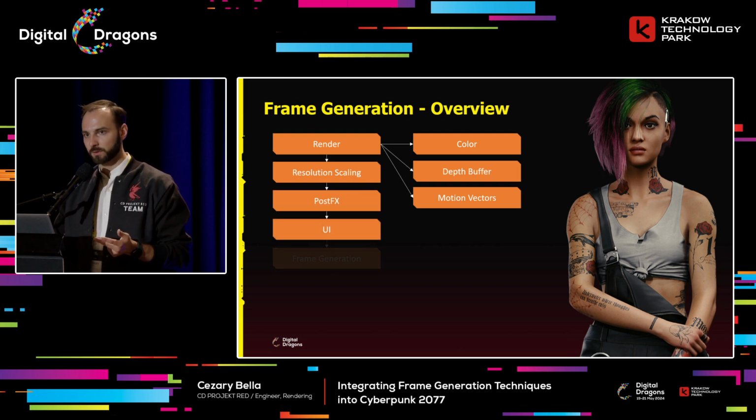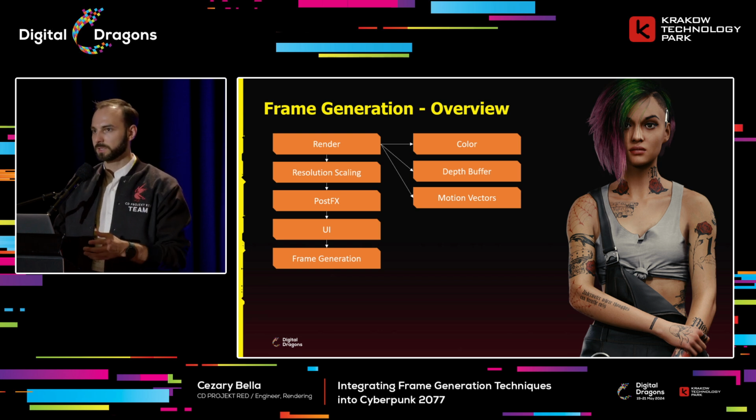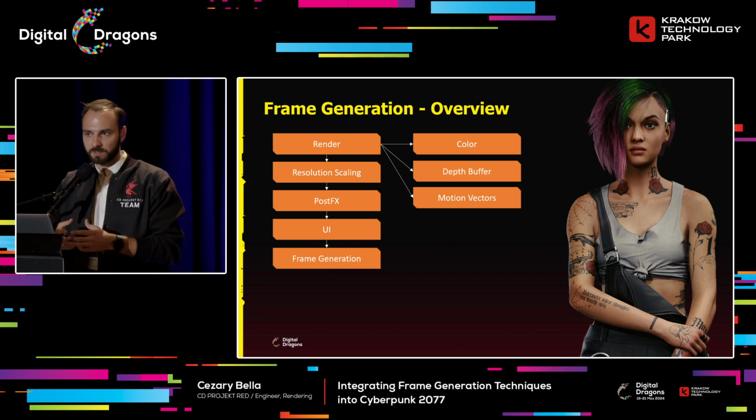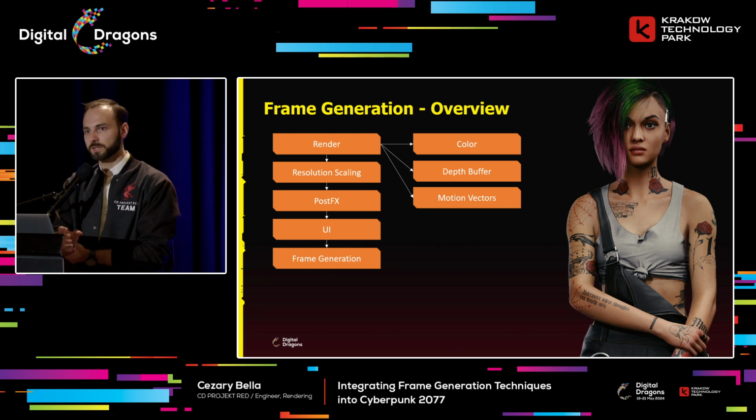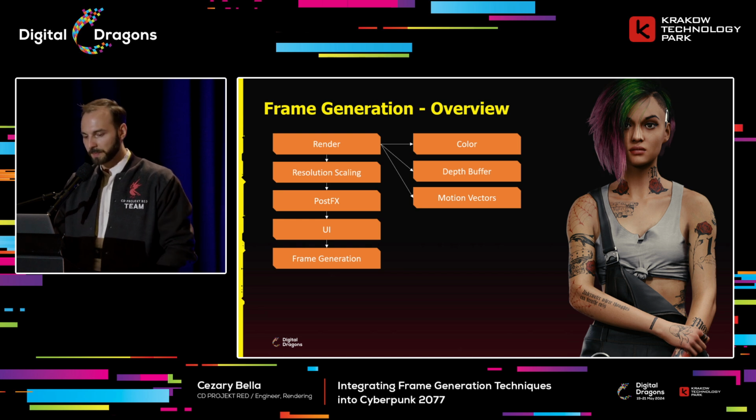We draw UI onto that, and then the frame generation kicks in. And of course, frame generation isn't just a solid block that does a single thing. It's compound. It has lots of different bits and pieces inside that can talk to each other.